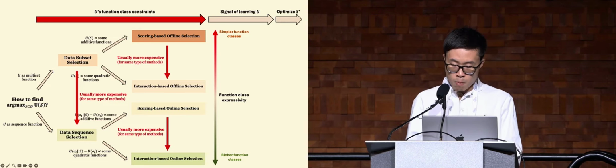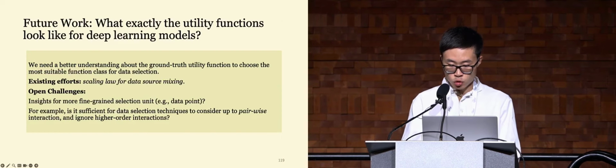As we can see, the utility function optimization framework illustrates fundamental trade-offs among different types of data selection methods. Assuming a too simple utility function class like linearity may fundamentally limit the data selection performance, as we just saw.